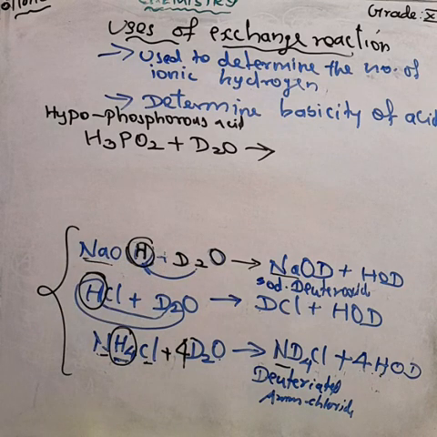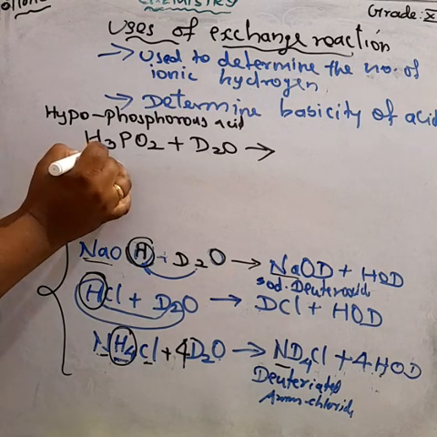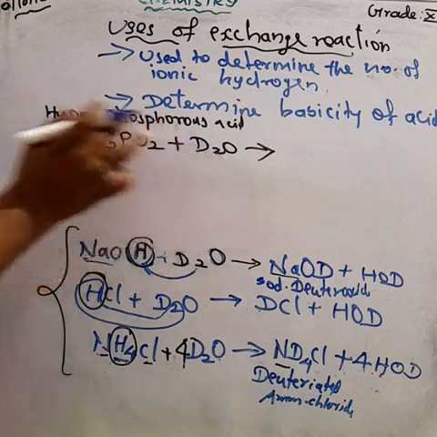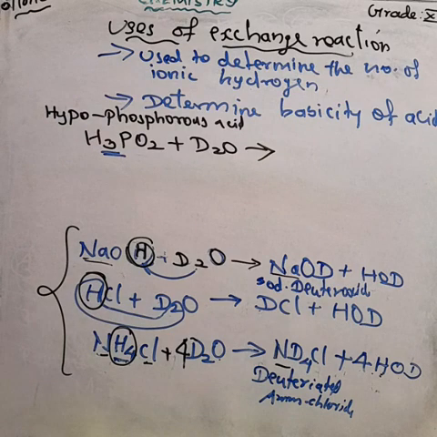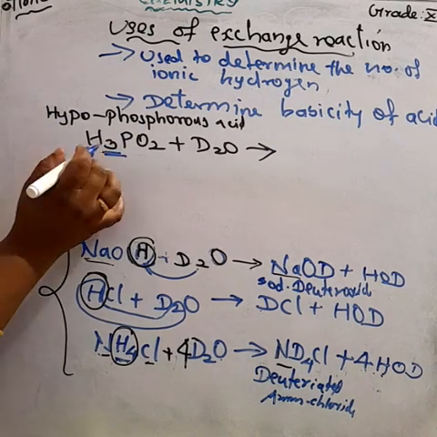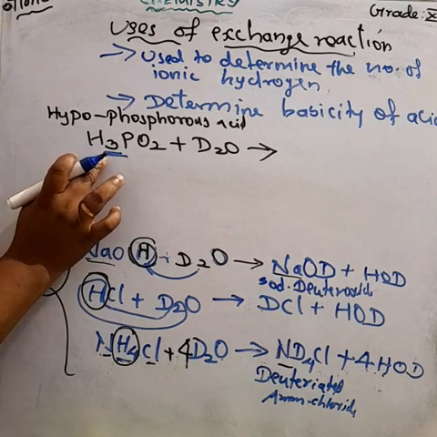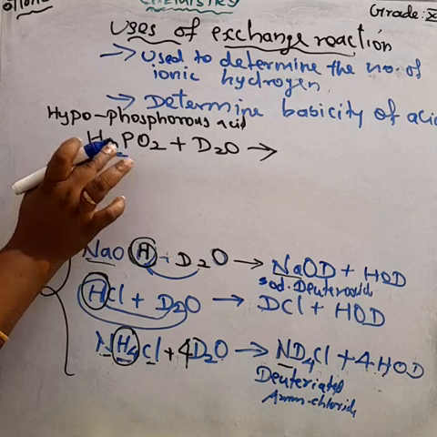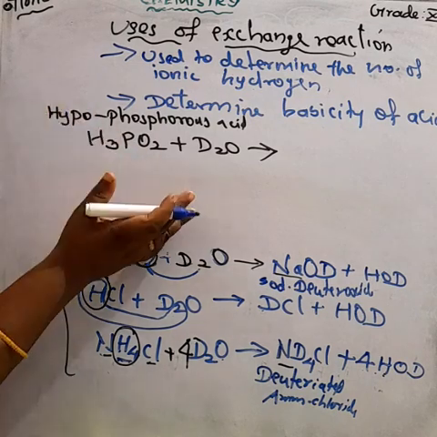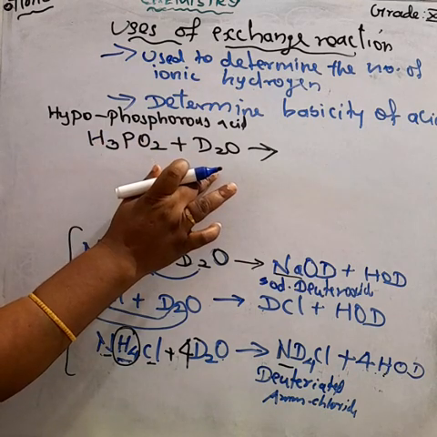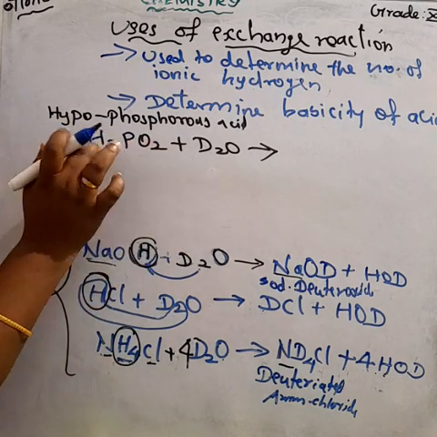But here only one hydrogen is replaced by deuterium. H3PO2 has 3 hydrogen atoms in total, but here not all 3 are replaced. Only one hydrogen atom is replaced by the deuterium from the heavy water.